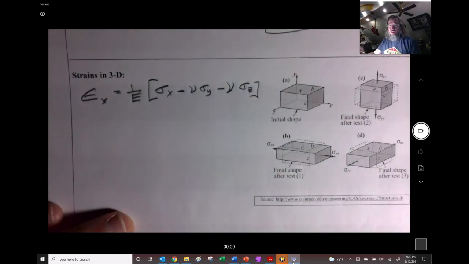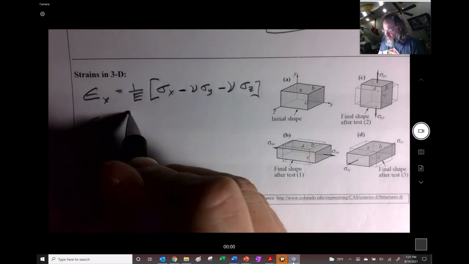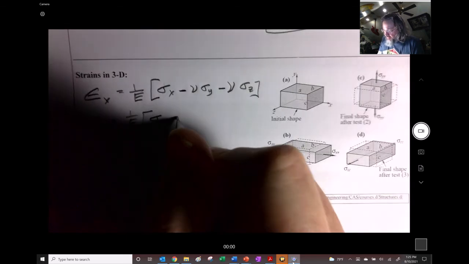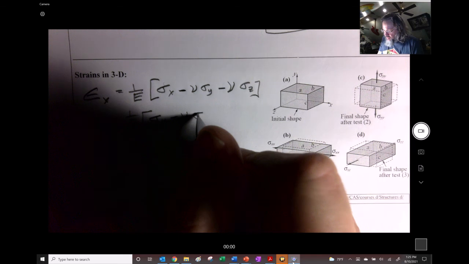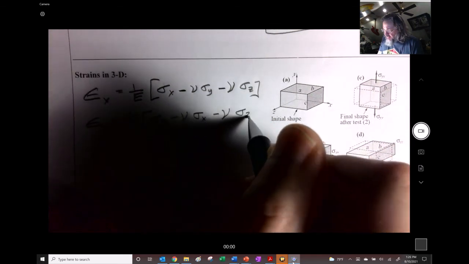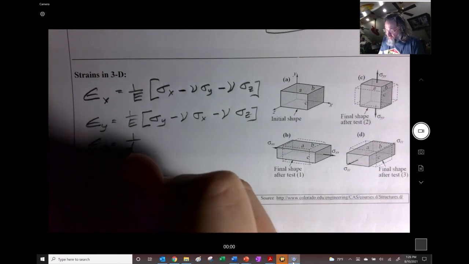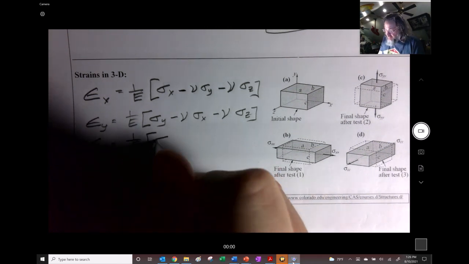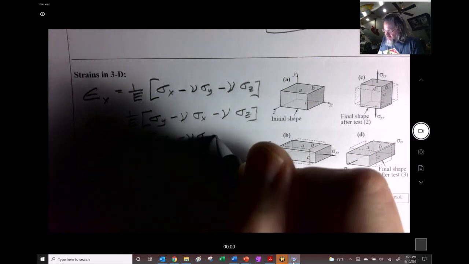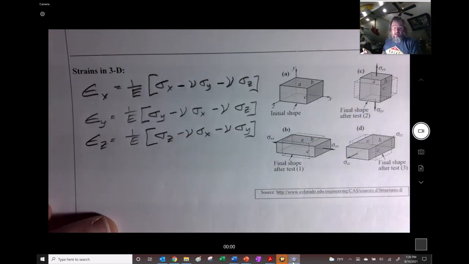And we can write all the same things in the other directions. Epsilon y is 1 over E sigma y, then minus nu sigma x minus nu sigma z. You can see the pattern there. And epsilon z is 1 over E sigma z minus nu sigma x minus nu sigma y. I think I have that right.